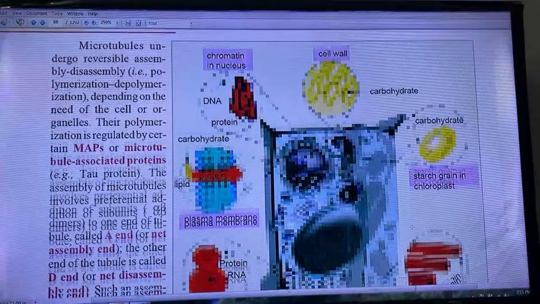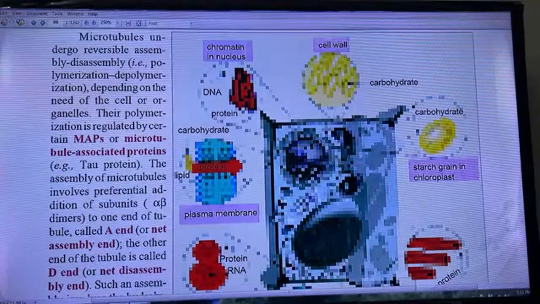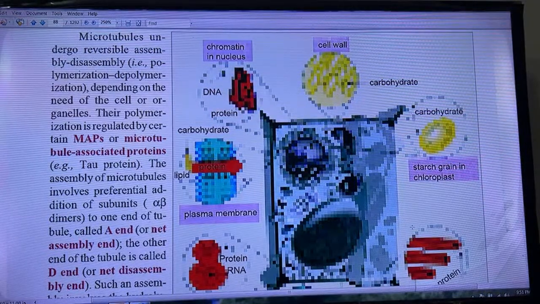Microtubules undergo reversible assembly, disassembly, polymerization, depolymerization depending on the need of the cell or organelles. Their polymerization is regulated by certain MAPs or microtubule associated proteins.